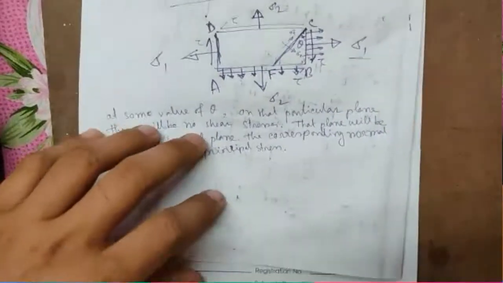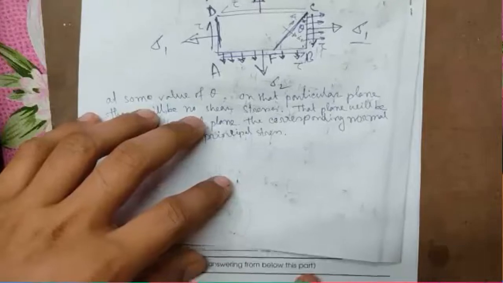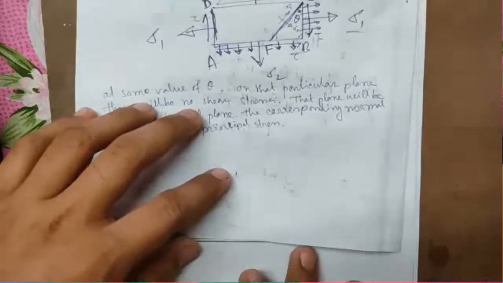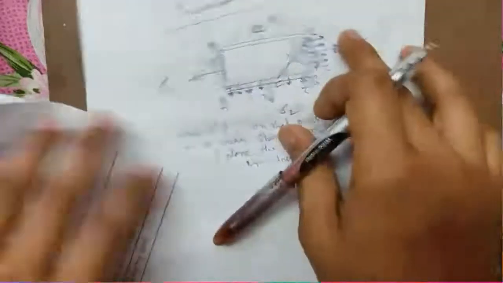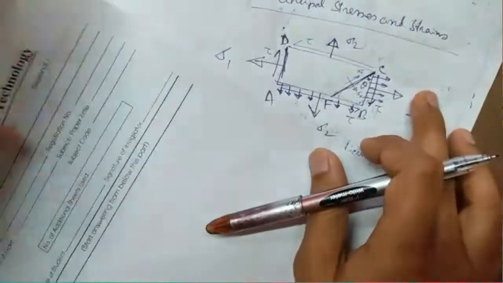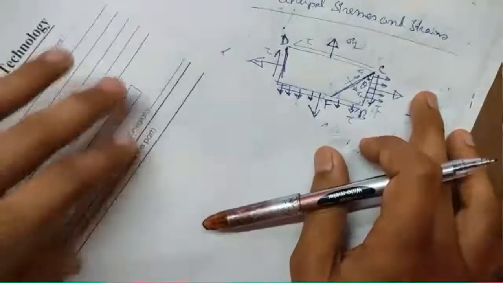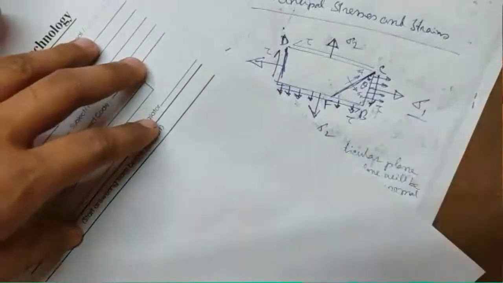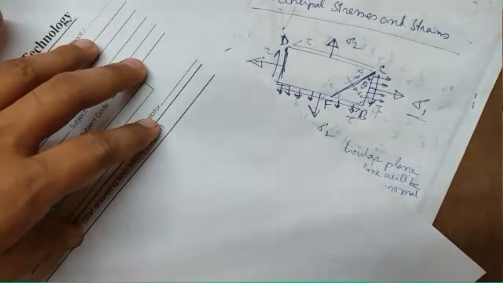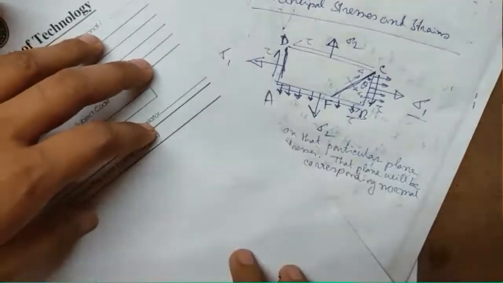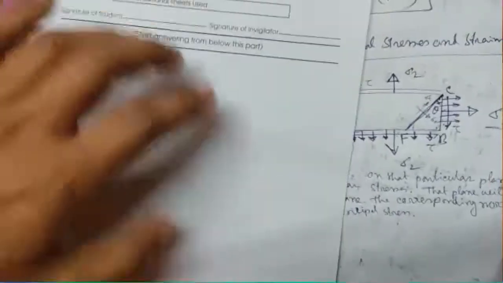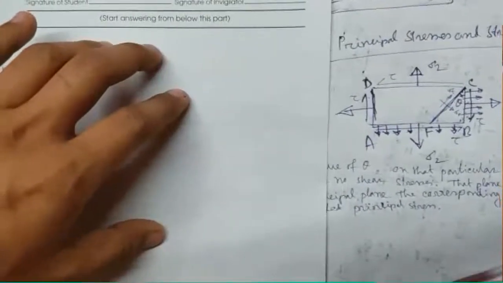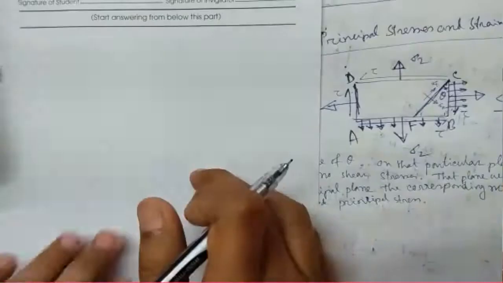We will draw only the free body diagram, and only this wedge CFB will be enough. So let me accommodate these things.